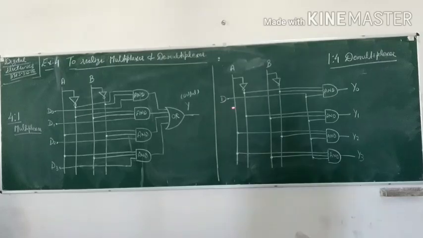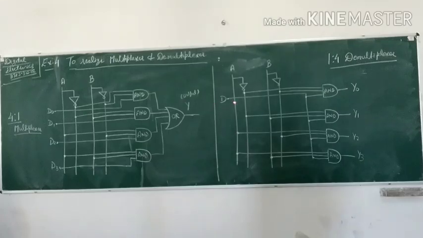If the value of D is 2, then for 2 we have A is 1 and B is 0. The signal goes to this AND operation. A is 1 and B is 0, and its value is inverted, so it is B bar. So the signal is A, B bar and D, which is 1, and this will produce the output that the value 2 is given to D.